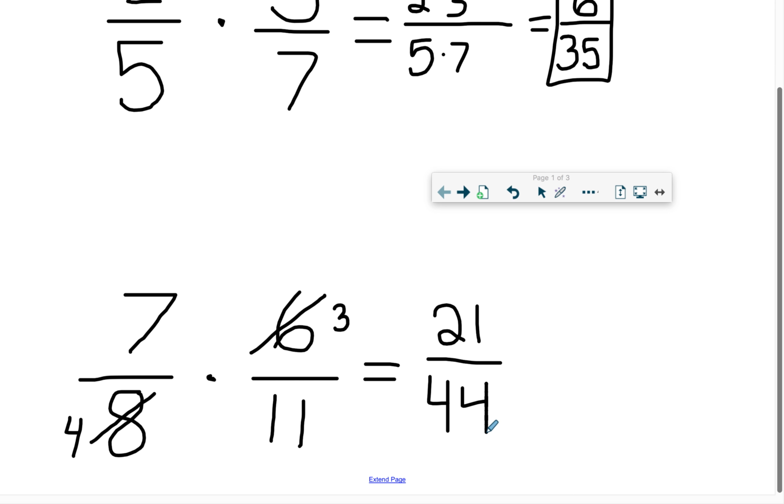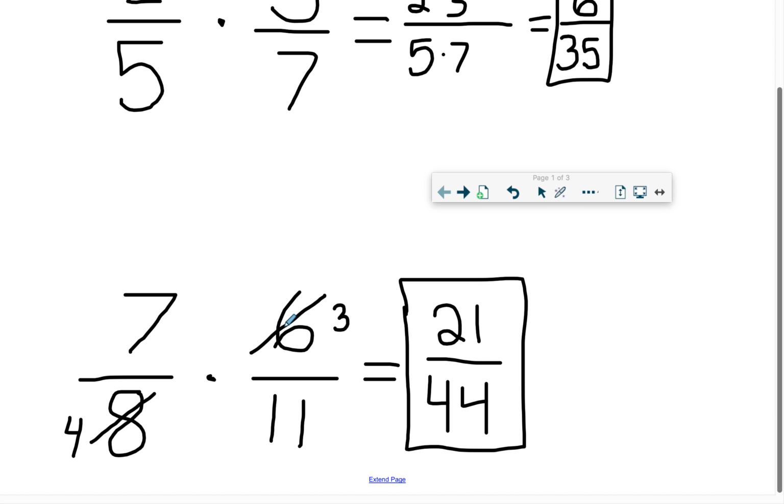Now, because we simplified before we multiplied, we got our simplified answer right away. So we can circle it. I'm going to double check that my answer is simplified by looking at 21 and 44 and seeing if they have any common factors, and the only common factor they have is 1, so that means I'm done.